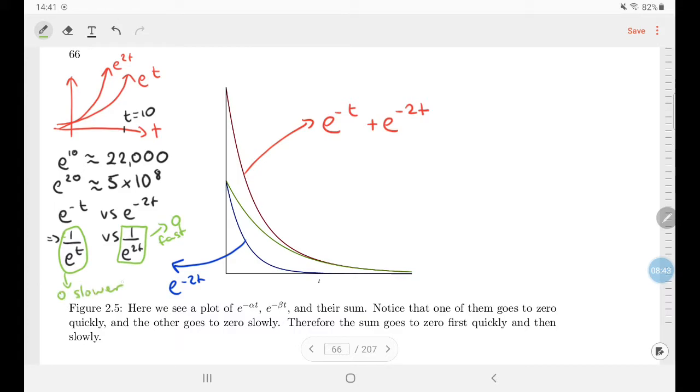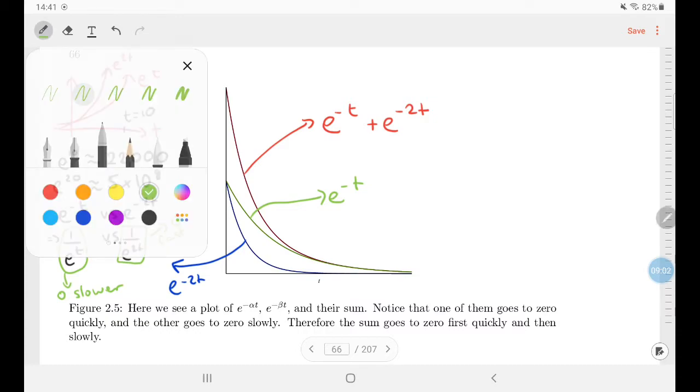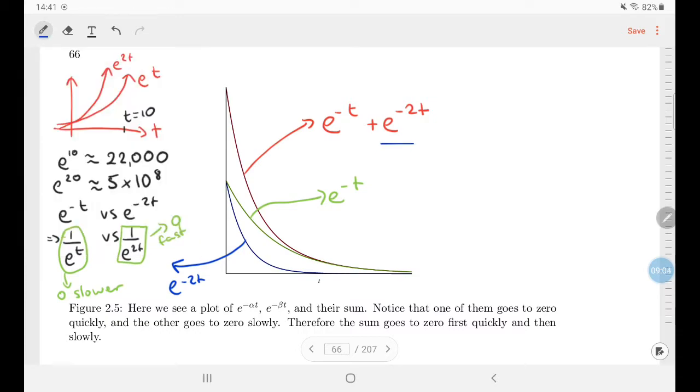Let's maybe say slower. So if I'm looking at this thing here, the blue curve is the e to the minus 2t, that goes to 0 fast. And then the green one would be the e to the minus t. So if you look at the sum, the red term, a part of that goes to 0 quite quickly. So this bit goes to 0 quickly.